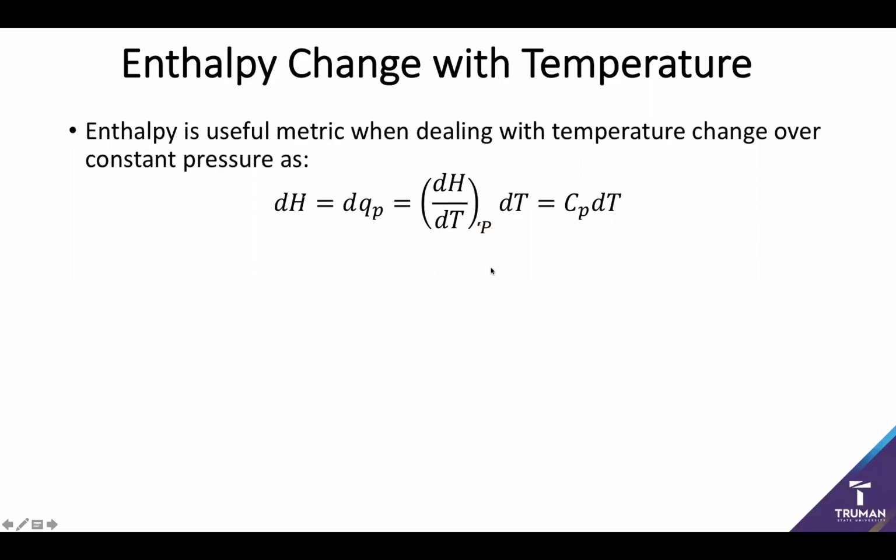And we label this first derivative as our isobaric heat capacity.